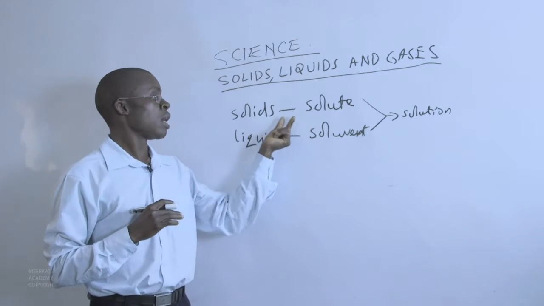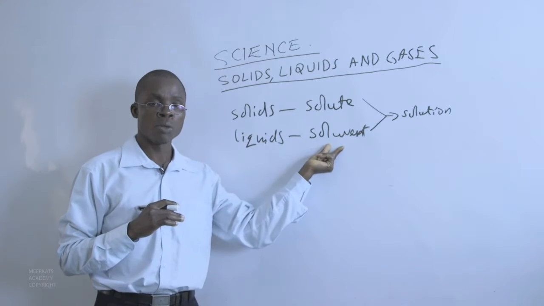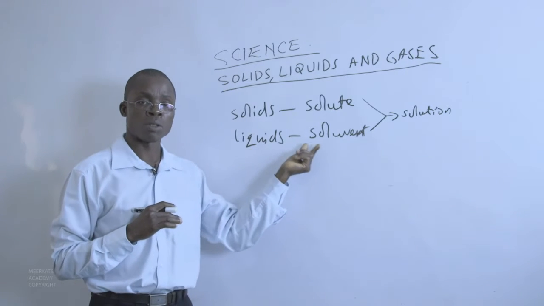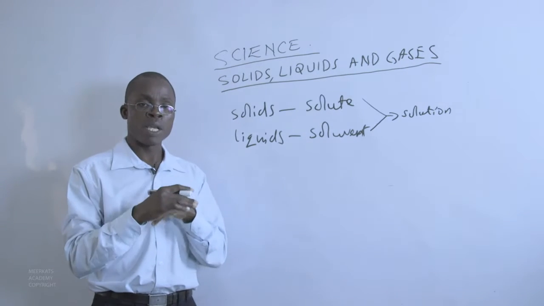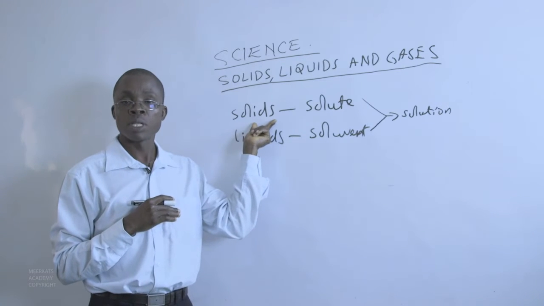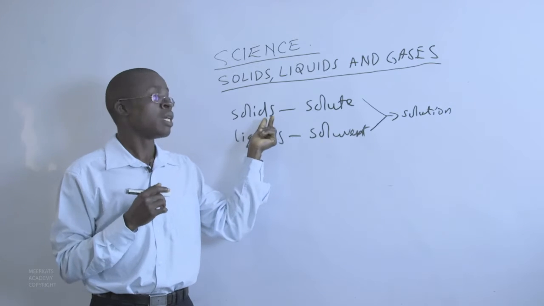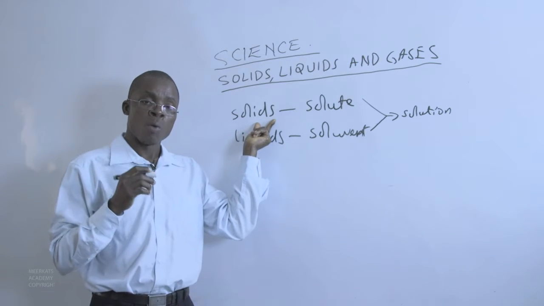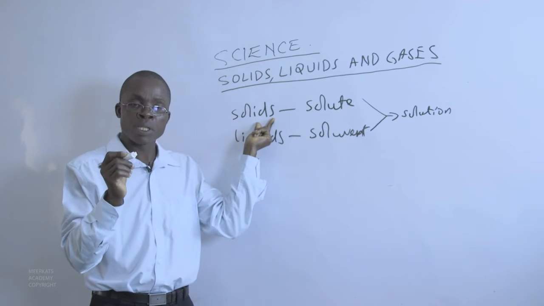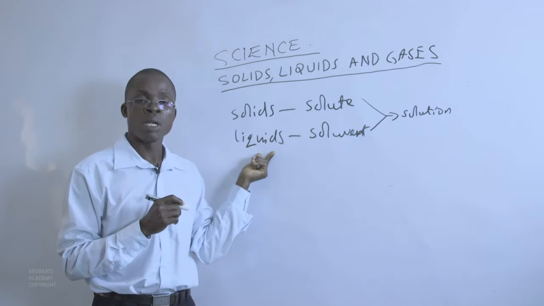So when a solute, which is a solid, is put into a solvent, which is a liquid, the liquid particles roll over each other to accommodate the solid particles that are not able to move. As a result, the solid particles enter and fill the spaces existing between the liquid particles.